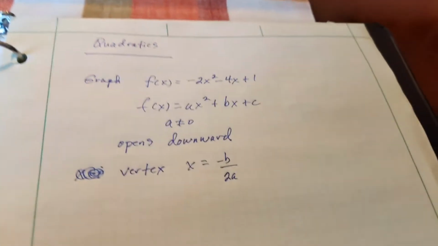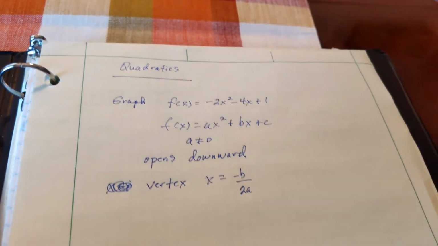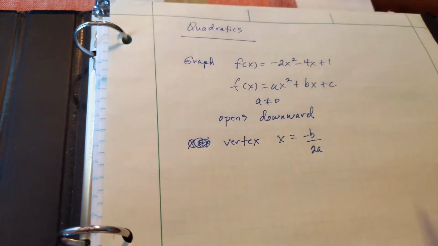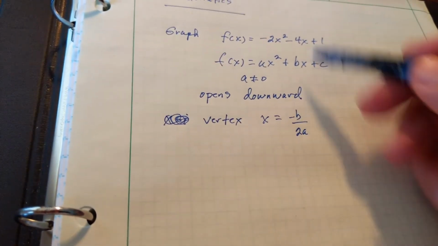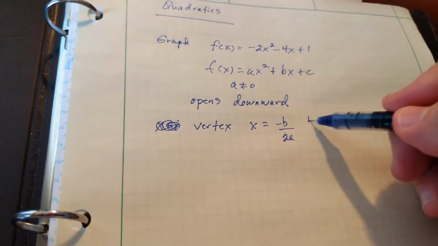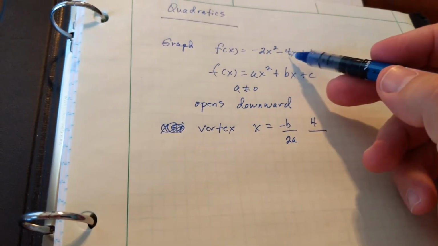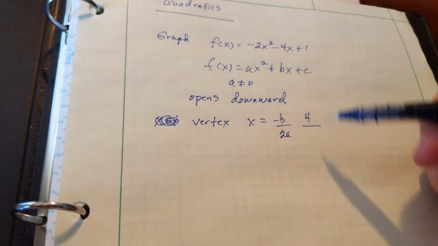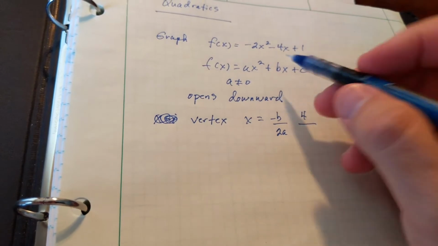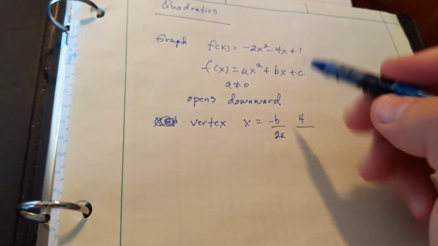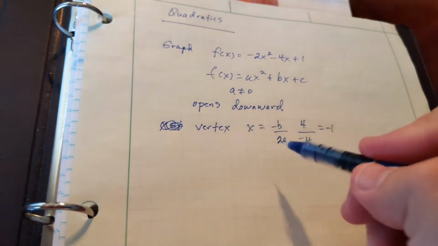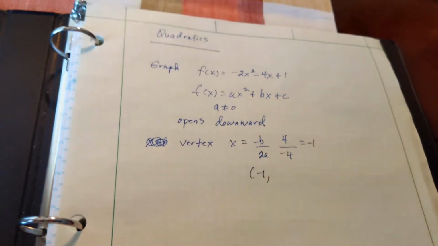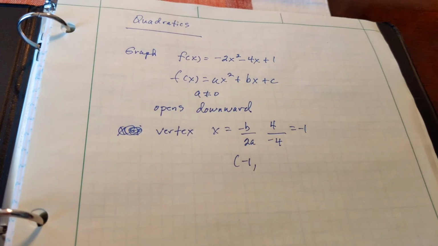That's how to find the x value on the vertex. So notice that -b means the opposite of b, so that's +4, since b is -4. And then 2 times a, 2 times -2 is -4, so this is going to equal -1.